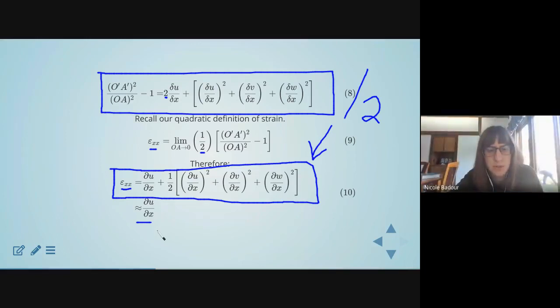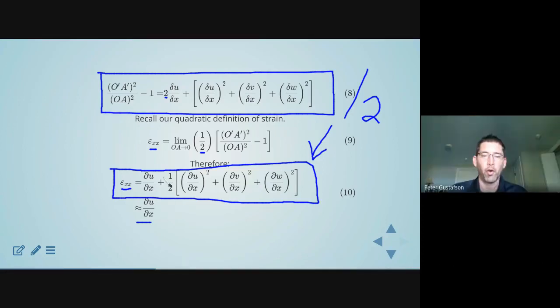So my question is about the 1/2 term. Do you consider it when it's a large deformation, and it only cancels out when it's a small one? No, it actually is always present in our assumptions. This term here is the small strain definition. So it was always present, we just didn't pay attention to it.